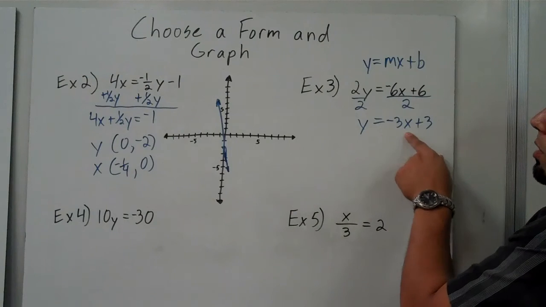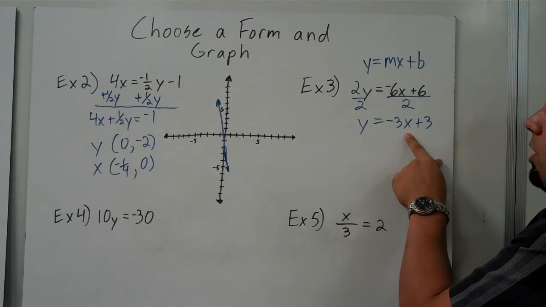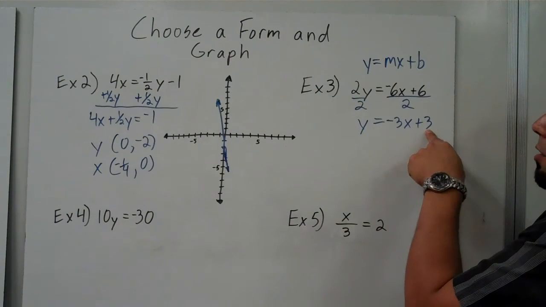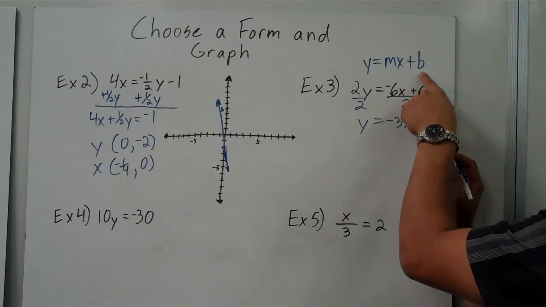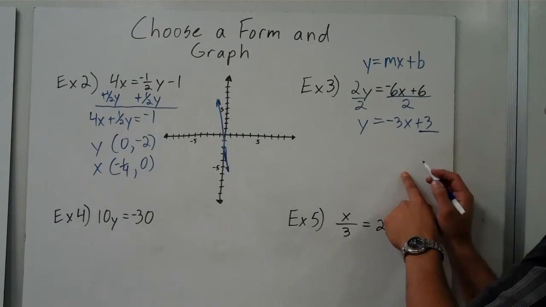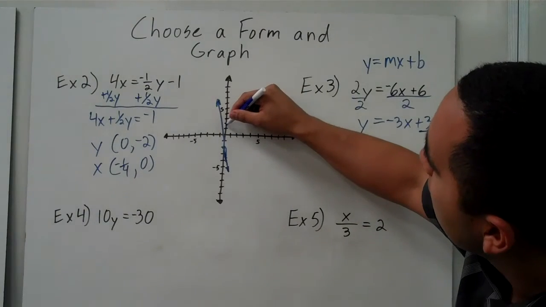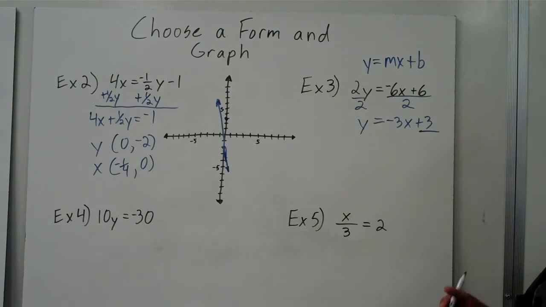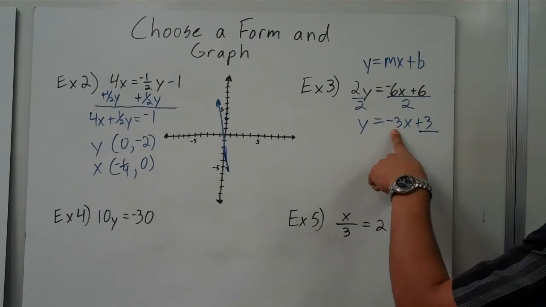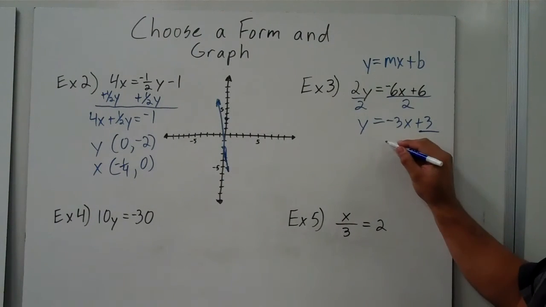This is real simple to graph, right? All I have to do is look at my y-intercept, which is this number by itself because it's in y or slope-intercept form. The last number is where I begin, that's positive 3. And I'm going to plot them on the same graph, positive 3, and I move negative 3. But remember, move we said is rise over run, right?